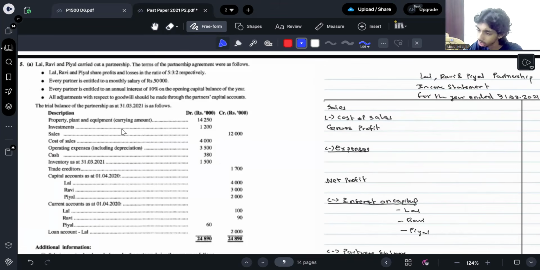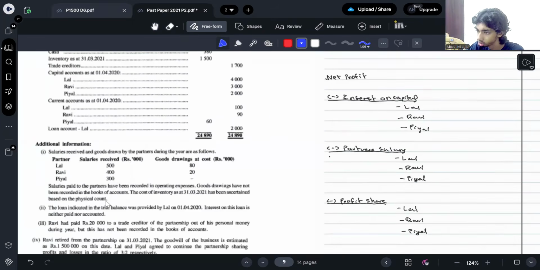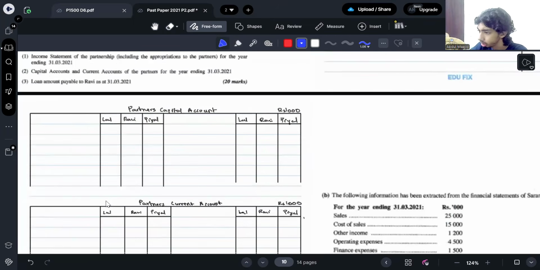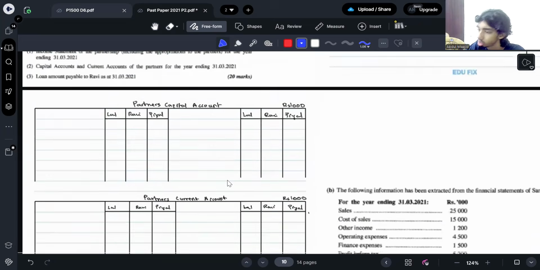Okay. First, we will start with the additional. We can put the opening balance of capital and current account. That's not an issue. So, capital account BBF. Everyone had a credit balance, right? Yep. Everyone had a credit. Oh, no. PL has a debit current account balance. Okay.